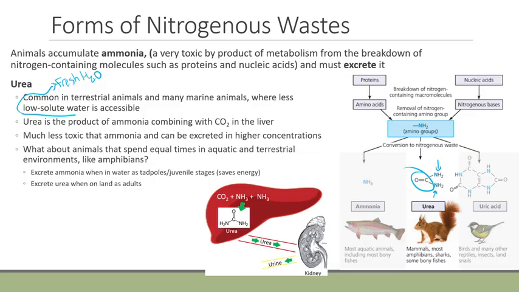The really nice thing about urea is comparatively it is much less toxic than ammonia is, so you can concentrate it more and get rid of it in those higher concentrations, which means you get to pee less. Which is really good because that way you get to hold on to more water. You don't have to worry about, again, constantly peeing.